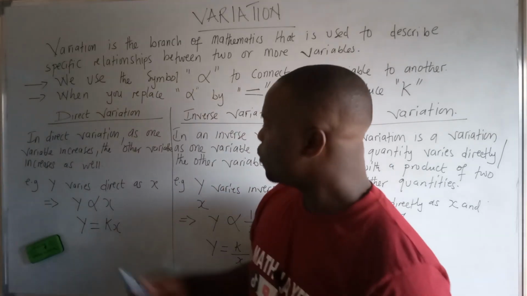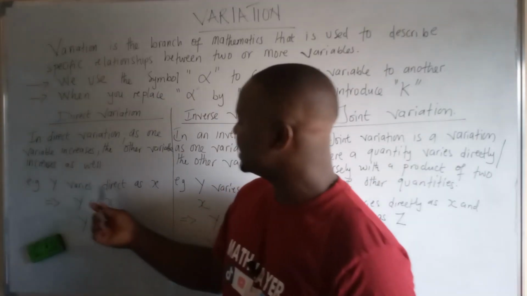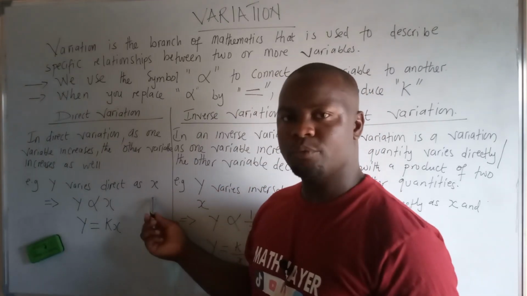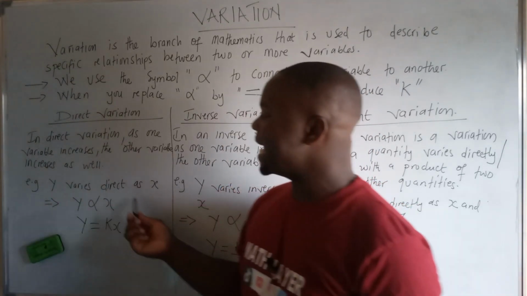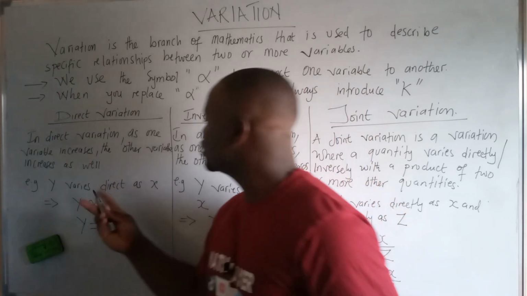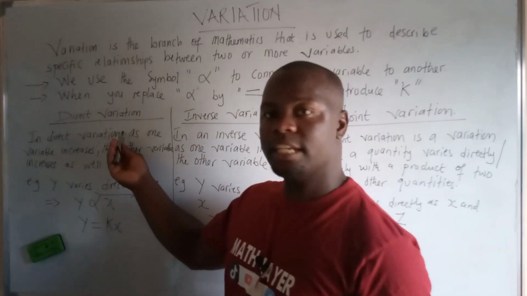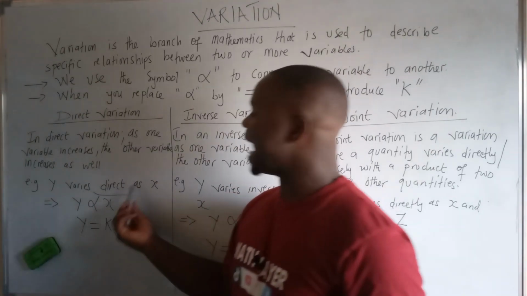For example, we have y varies directly as x. From this statement, you need to know that this is a direct variation because of this word direct. So y varies directly as x.